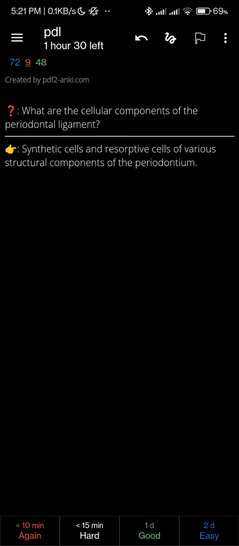What are the cellular components of the periodontal ligament? So we have synthetic cells and resorptive cells of various structural components of the periodontal ligament.